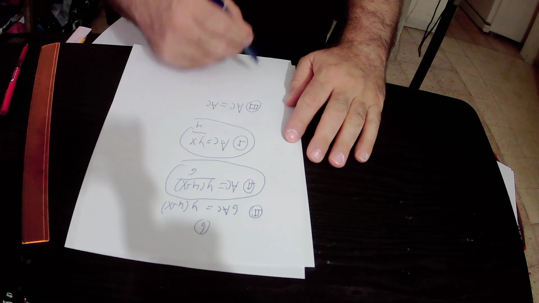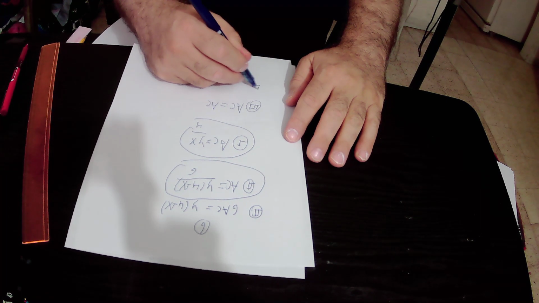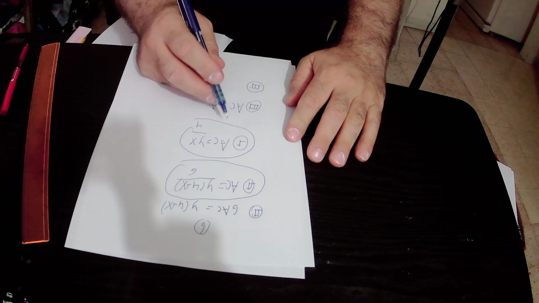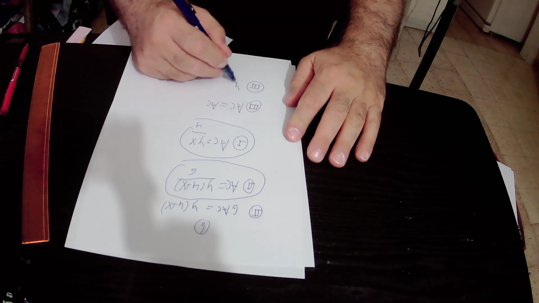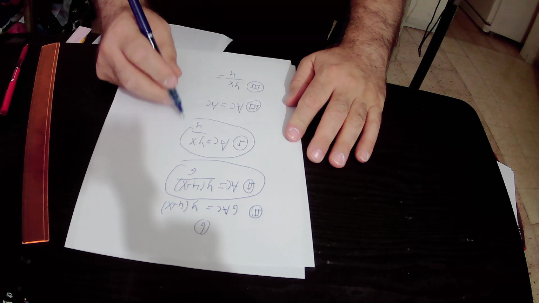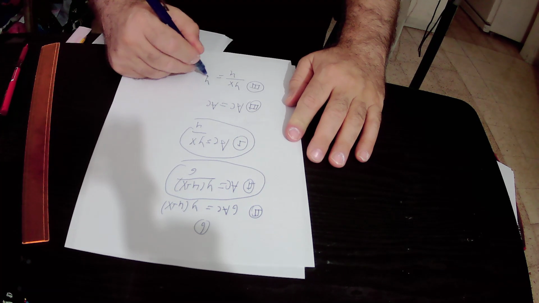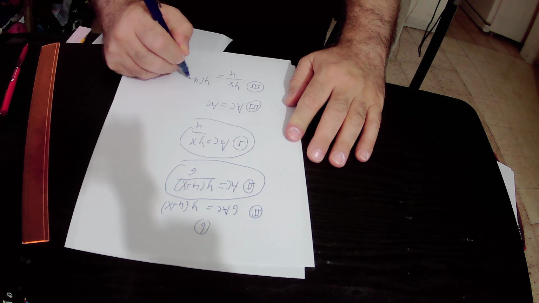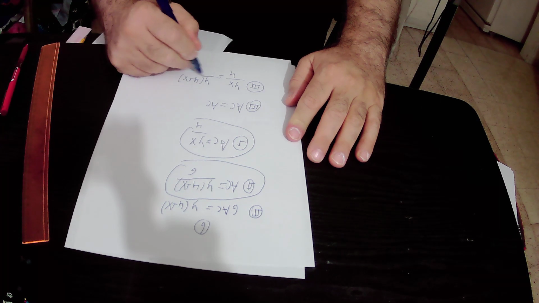So AC from equation number 1 is actually y times x over 4, and AC in equation number 2 is y times 4 plus x over 6.